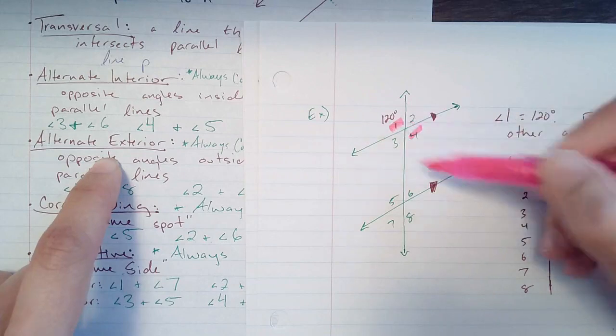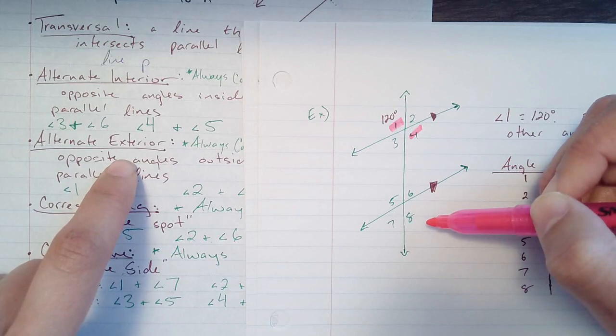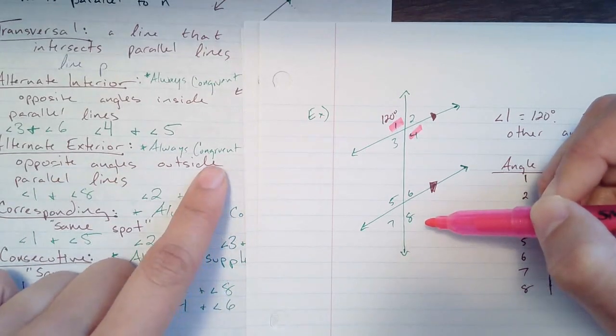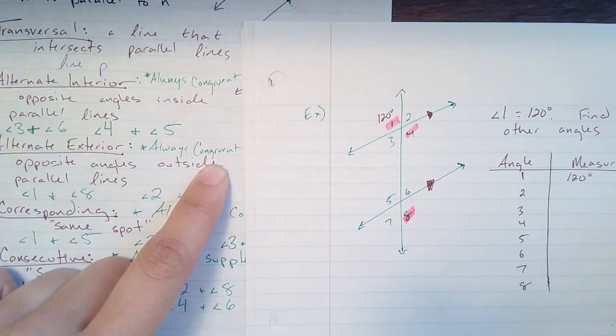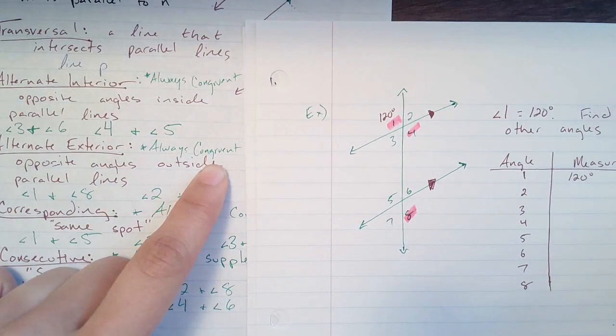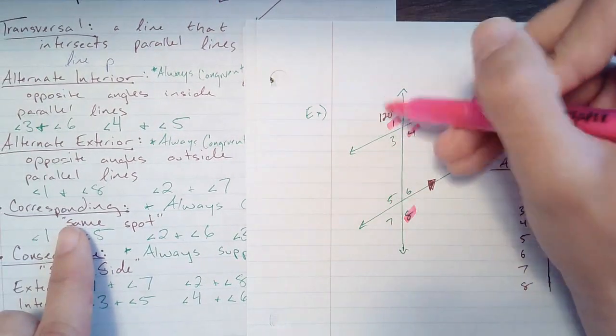Well, then 1 and 5 are both in the left legs, so they're corresponding, which means they're congruent. So from that, we know that 1, 4, 5, 8 are all the exact same measure.